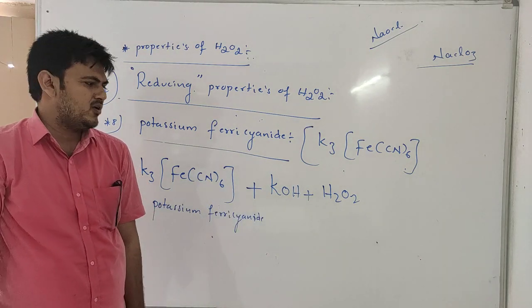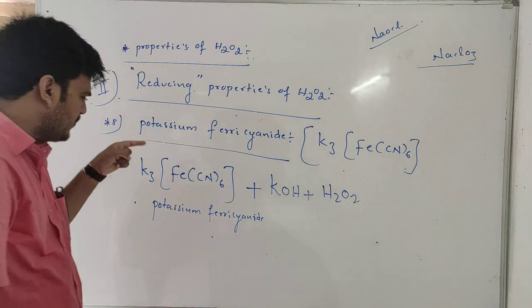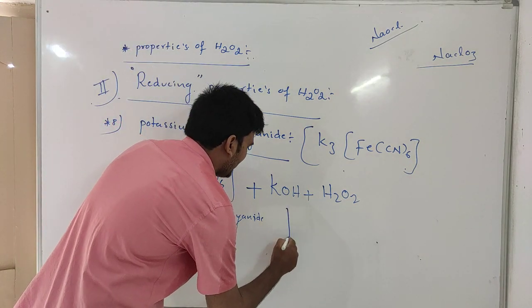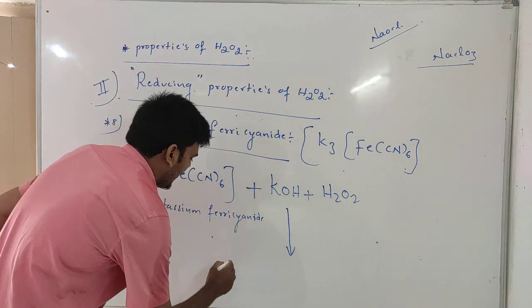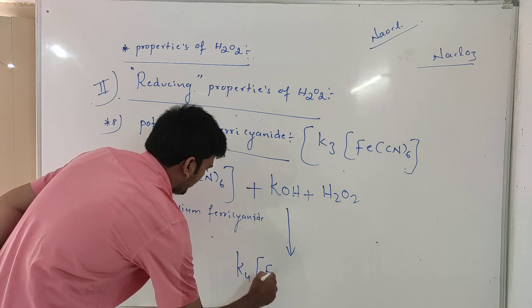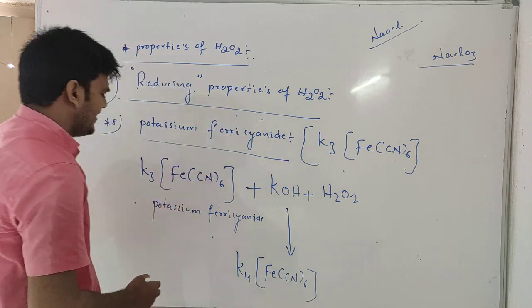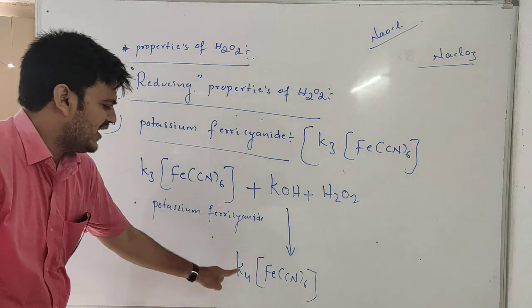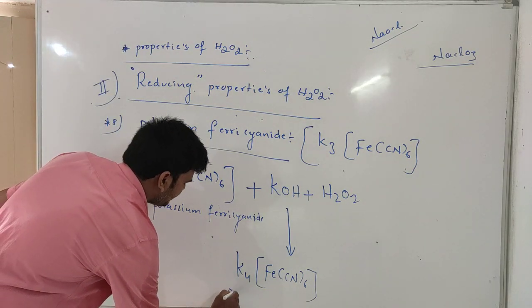Then potassium ferricyanide is directly converted into potassium ferrocyanide, formula K4FeCN6. K3FeCN6 is converted into K4FeCN6.